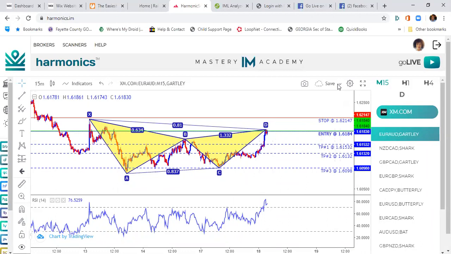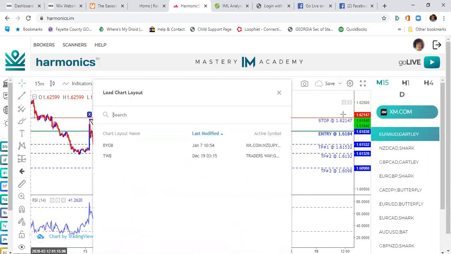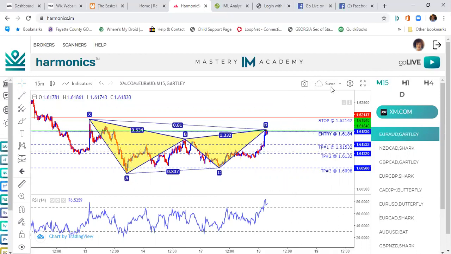Okay. You can save templates here. So if you have your particular strategy, guess what? You can save a strategy. Like I have the BYOB strategy, and I have the TWB strategy, which is our team flagship strategy that we use. I have it saved here, so it pops up on my Harmonic scanner. Let's see if it will pop up.